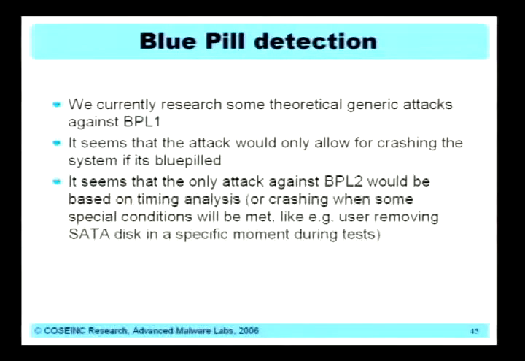So we run the detector, and we say to the user, watch the system. If you see a blue screen, then it means that you had a blue pill, right? Of course, this sounds very impractical to me, but this is a theoretical way to detect it. We haven't implemented it yet, but we'll probably do this.